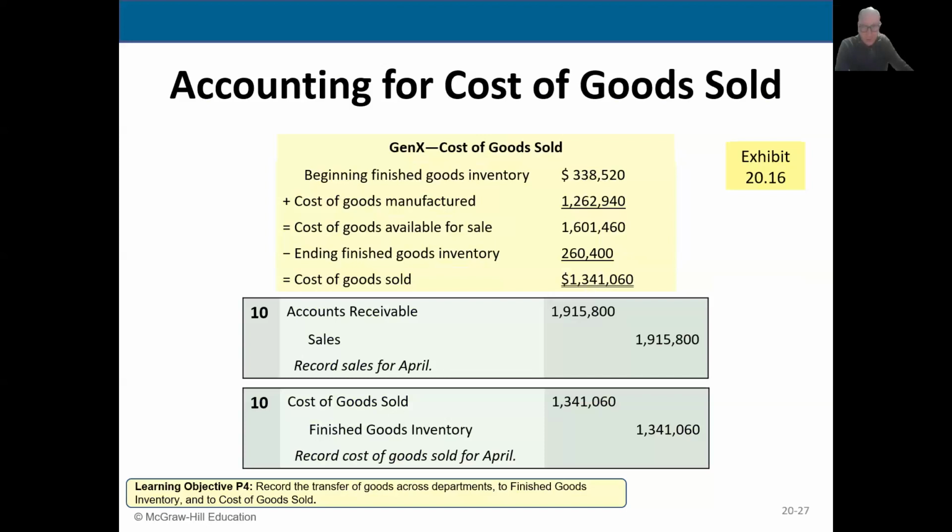Debit cost of goods sold, credit finished goods inventory. The way to calculate cost of goods sold, of course, we take our beginning finished goods inventory plus cost of goods manufactured equals cost of goods available for sale minus ending finished goods inventory equals cost of goods sold.